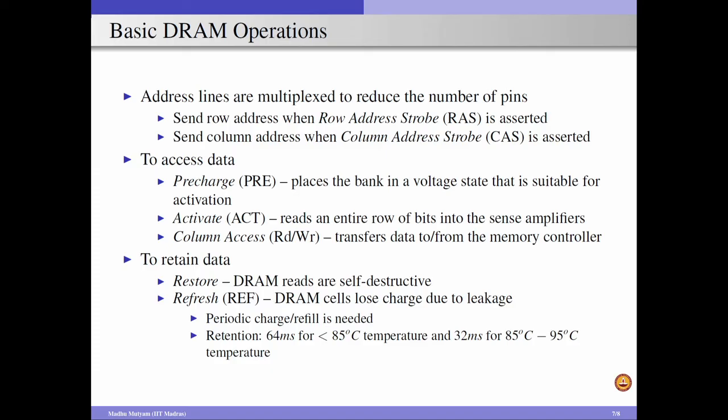A refresh operation consists of reading a row from the bank and writing the data back to the bank. While we are performing this read and write, the entire bank is busy, so it cannot accept any more requests from the memory controller. That's the reason why the DRAM bank is not available for servicing processor requests while a refresh is going on.